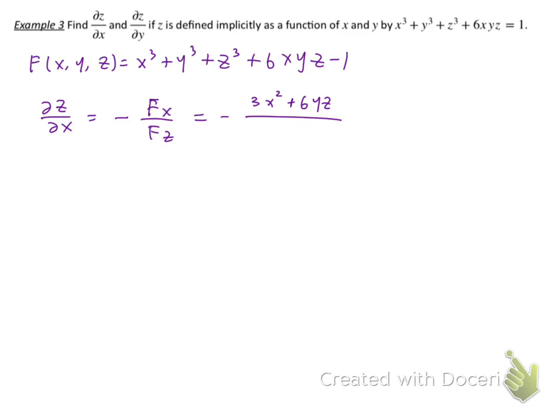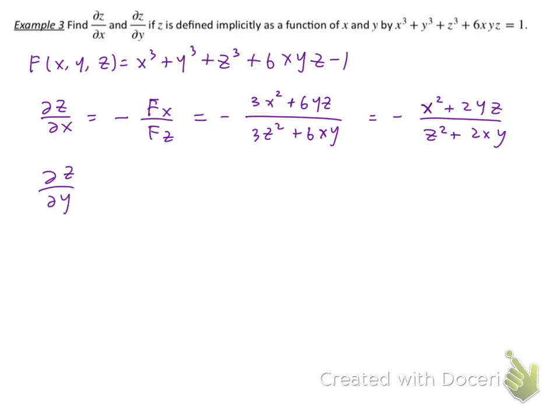Negative 1, of course, gives me 0. Then the denominator, F partial z, will be the 3z squared from z cubed plus 6xy. And I'm having 3 in both, I cancel it. I'm having negative x squared plus 2yz over z squared plus 2xy.